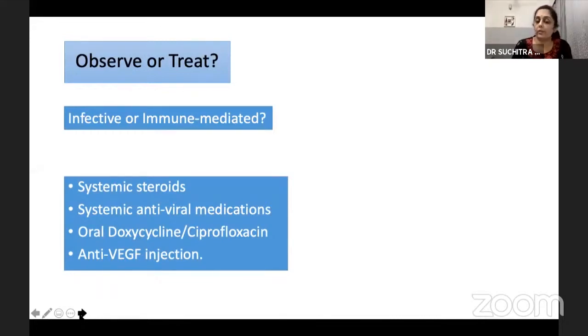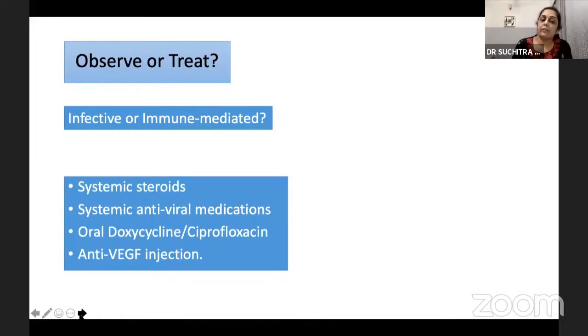There are various permutation combination of these studies. And finally, the recent study by Dr. Padma Malini, they have concluded that systemic steroids or steroids in any form might not really help in the treatment of post-fever retinitis. They do recommend the use of systemic antibiotics, oral doxycycline or ciprofloxacin.